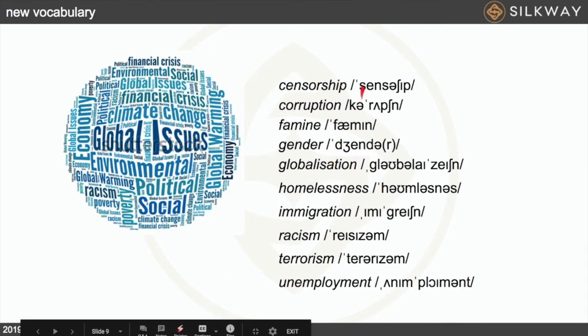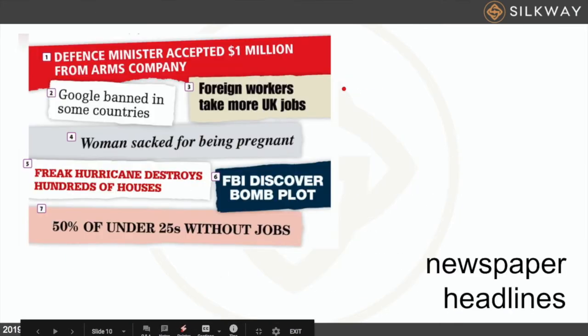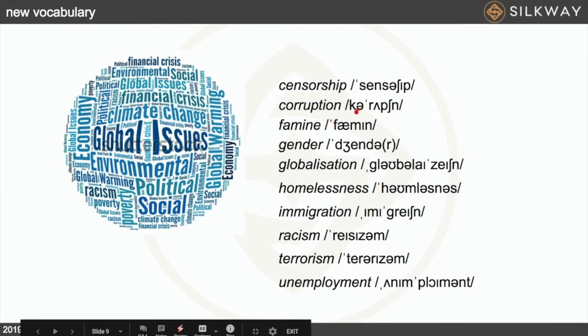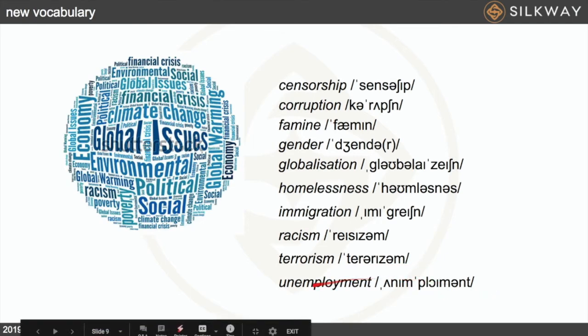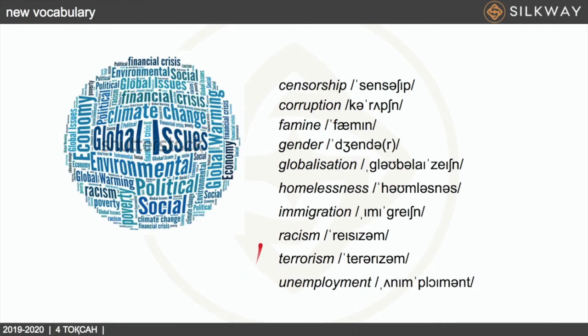Okay. Censorship, corruption, famine, gender, globalization, homelessness, immigration, racism, terrorism, unemployment. Unemployment, when people have no job. You know what terrorism and racism and immigration and homelessness and globalization, gender, etc. are.